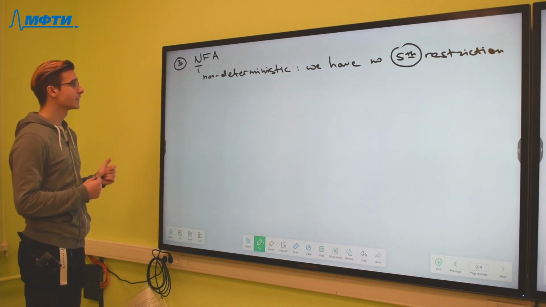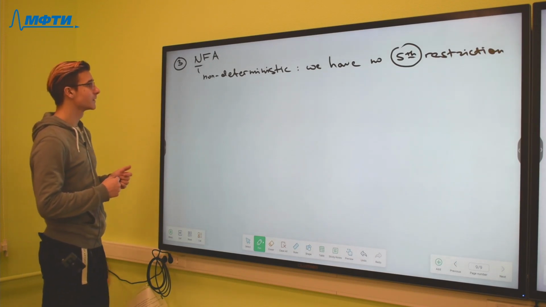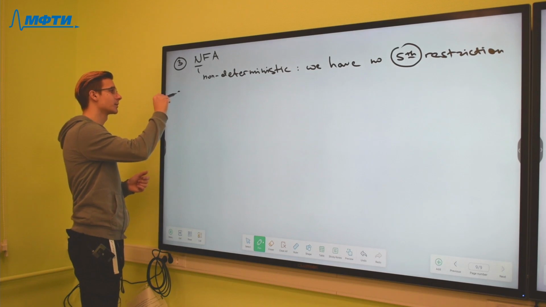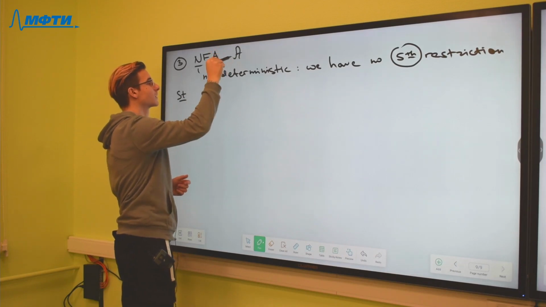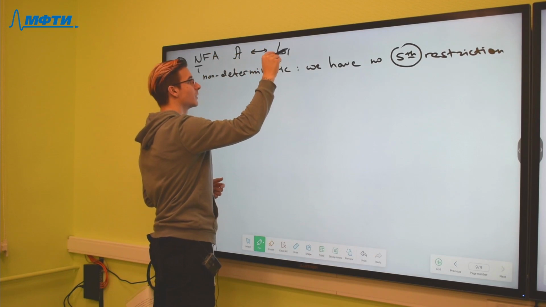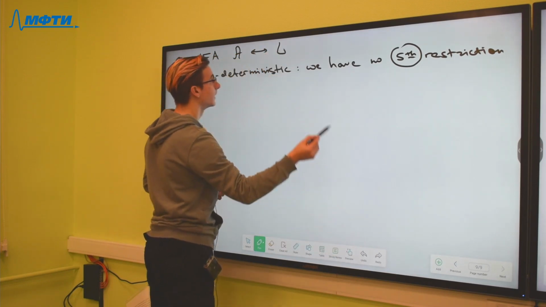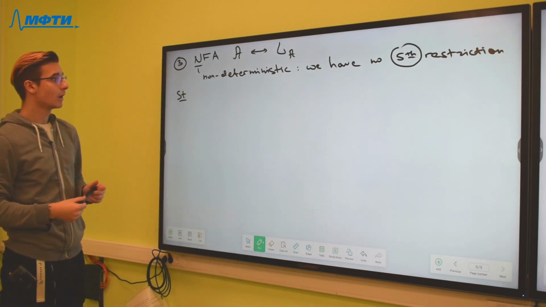What is interesting for the non-deterministic and deterministic automaton? Of course, if we have a non-deterministic automaton A, we can talk about the language of this automaton.